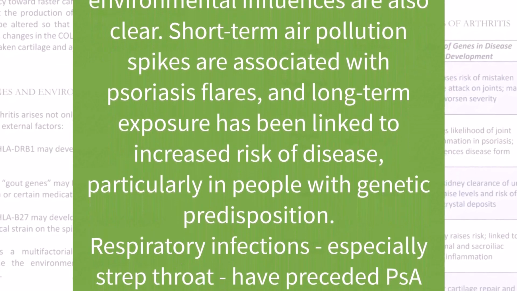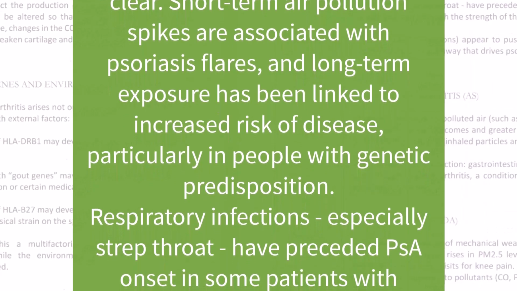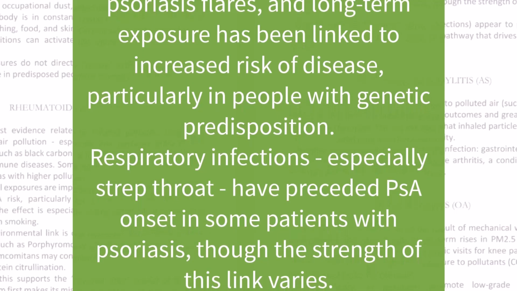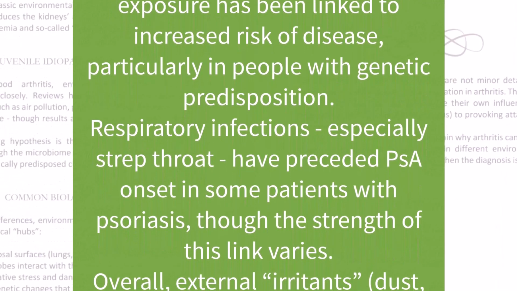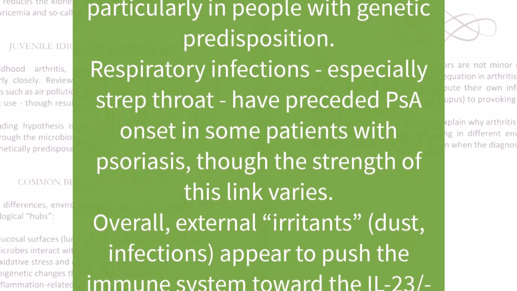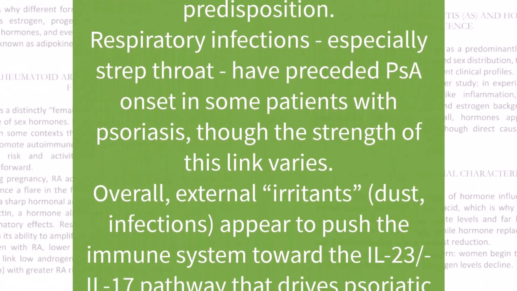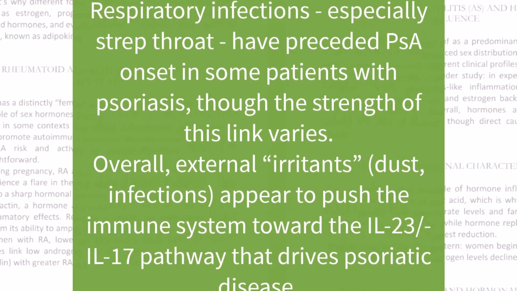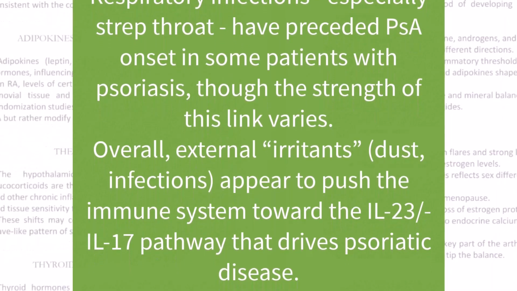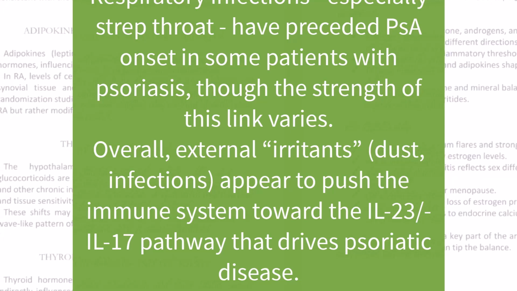Respiratory infections, especially strep throat, have preceded PsA onset in some patients with psoriasis, though the strength of this link varies. Overall, external irritants, dust, and infections appear to push the immune system toward the IL-23/IL-17 pathway that drives psoriatic disease.